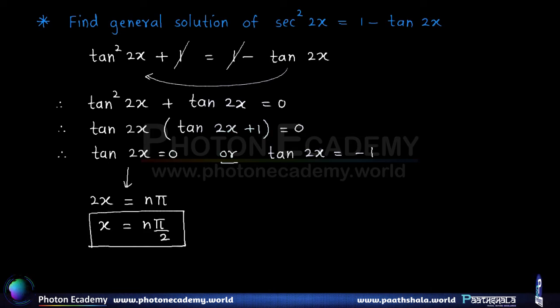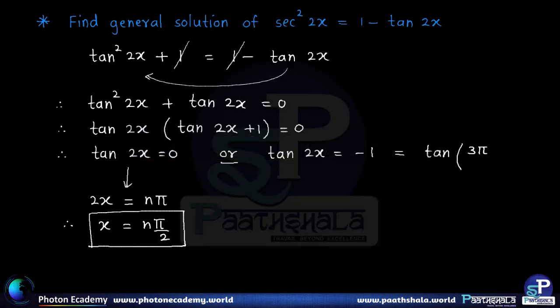That's the first possibility. Or the second possibility is, since tan 2x is minus 1, we can write minus 1 as tan of 3 pi by 4, which is 135 degrees in the second quadrant. Right? So we have tan 2x equal to tan 3 pi by 4.